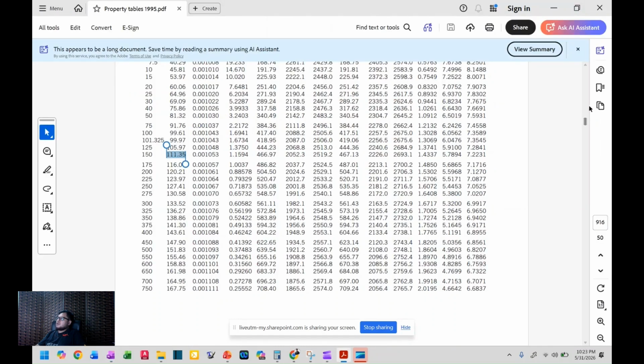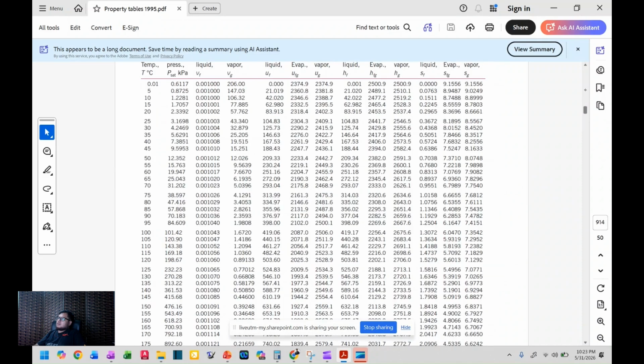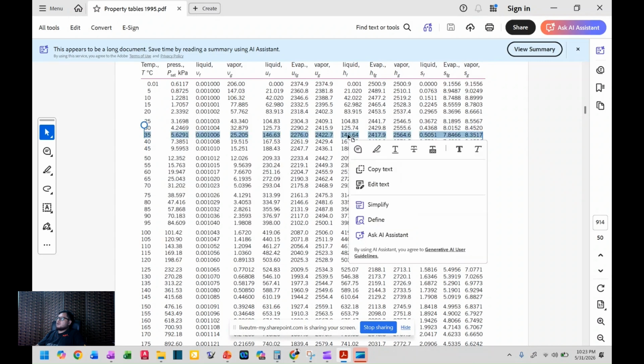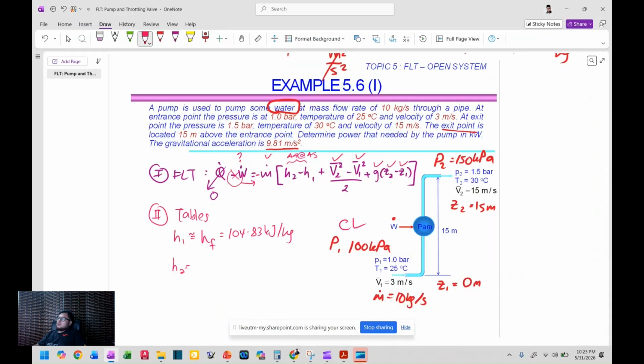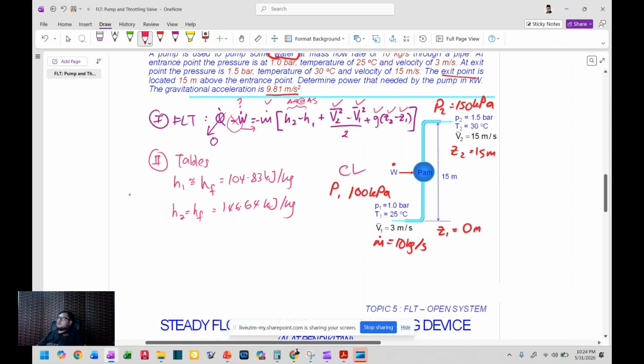So we go to A4, at 35, okay, and HF for 35 is 146.64. All right, so we have everything that we need. Let's solve it.